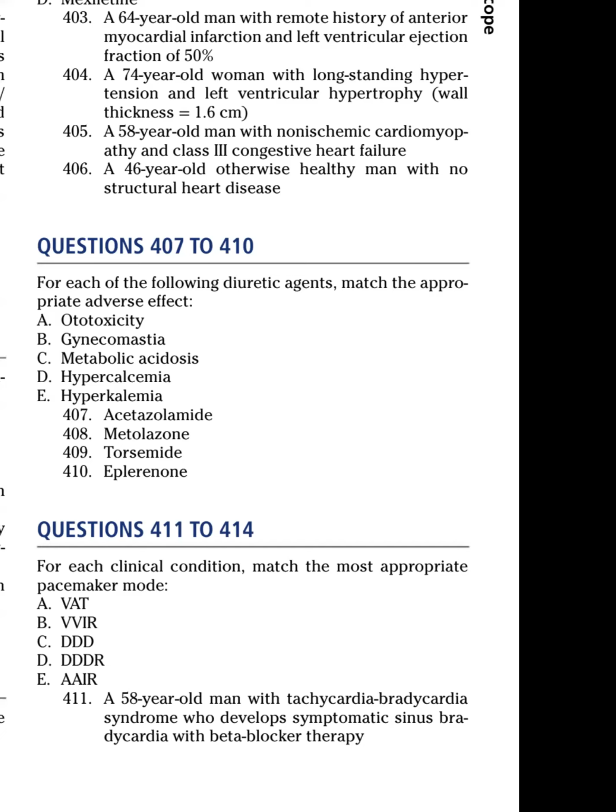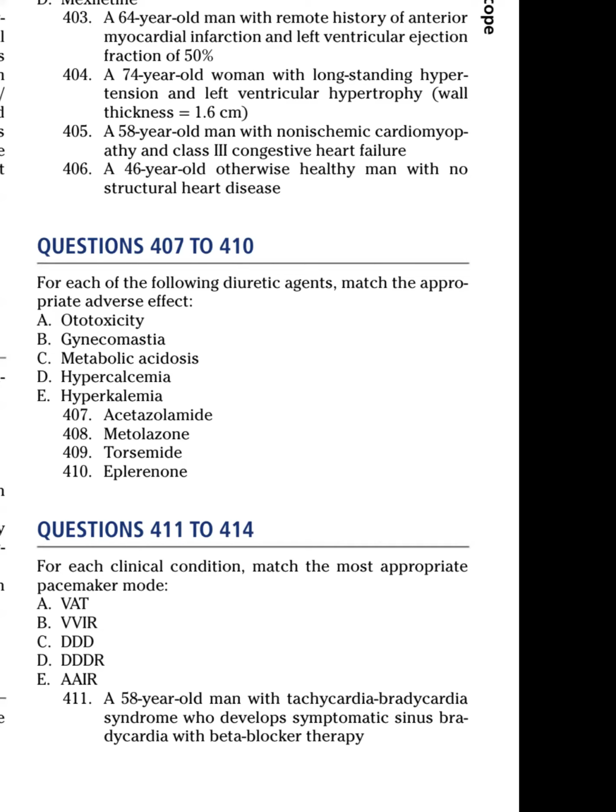MRAs have been known to cause, apart from their potassium sparing effects, gynecomastia and other things. So for 410, I'll be thinking the option will be B. So I'm left with torsemide. For this, I'm looking for electrolyte abnormalities, which I can't readily pick up here. So please, I need help for torsemide.